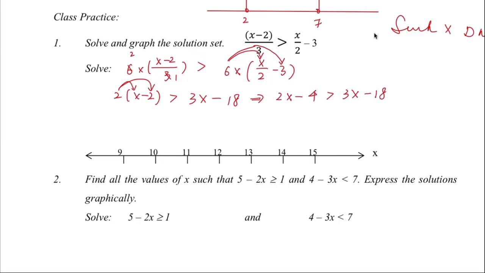Now, like how we solve equations, we move all the unknowns to one side and all the numbers to the other side. In order to avoid any negative unknown, I decided to move 2x to this side, because this way I don't need to deal with negative unknowns, right?